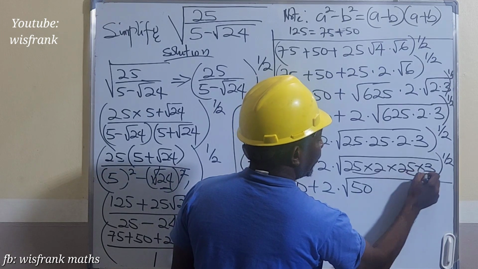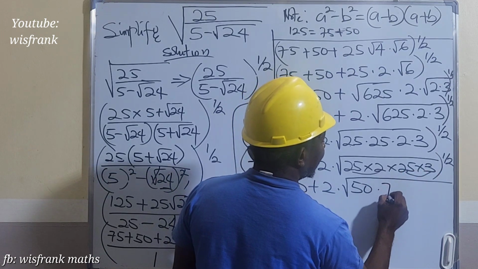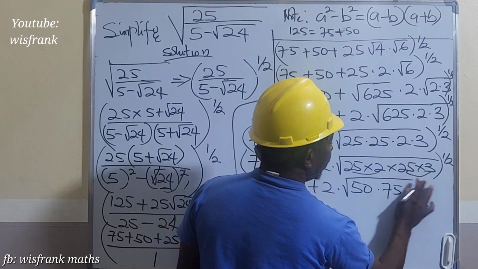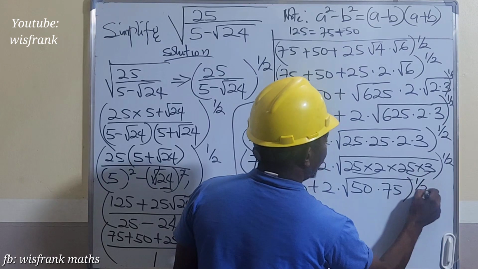Then we have 25 times 3, we have times 75, all to the power of 1 over 2.